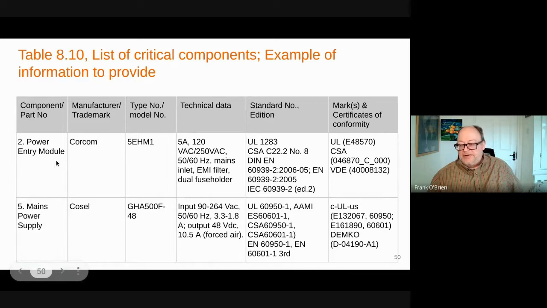Now, this is a power entry module, and this is the mains power supply. So these haven't been given that "or equivalent," yeah? And what happens if that stays that way, if somebody's issued you that report other than yourself, you have to have them change that if you change your vendor.